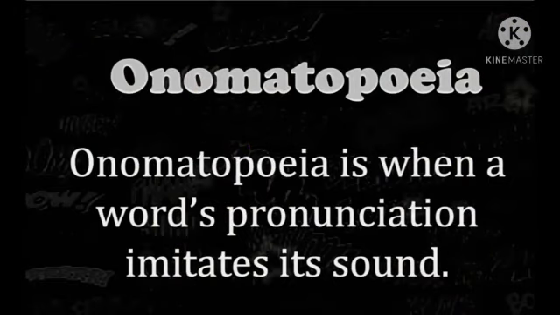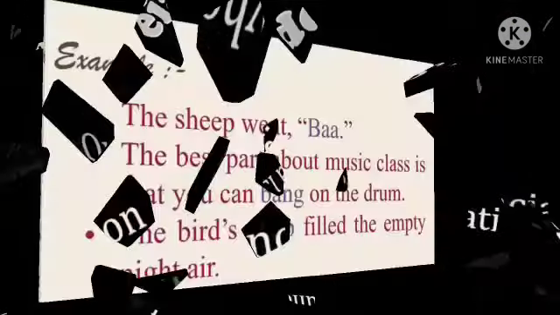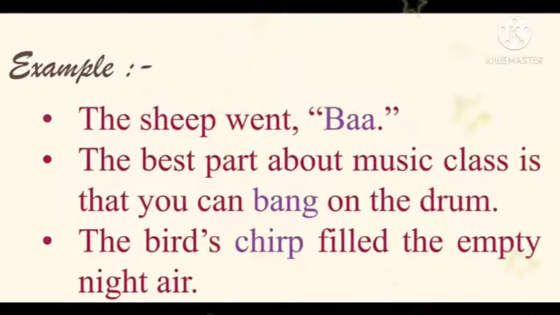Let us understand with the help of examples. The sheep went baa. So here the word baa is giving a pleasant effect to the ear. Next example is the best part about music class is that you can bang on the drum. So here also the word bang is giving a pleasant effect to our ear. So that is known as onomatopoeia.